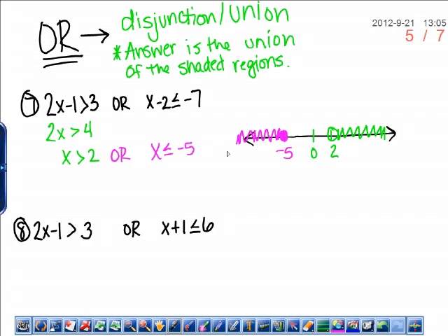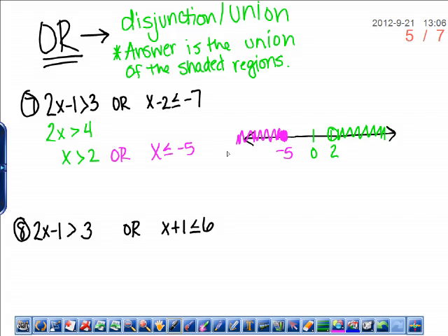Oh, no, they won't. What I wrote up here is the answer is the union of the shaded regions. So the solution on number 7 is anywhere on the number line that has pink or green. It's this whole part that has pink and this whole part that has green.